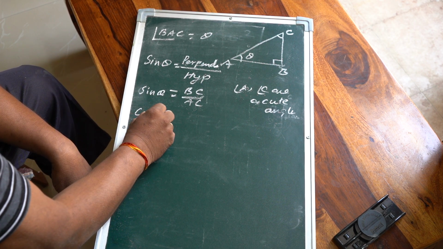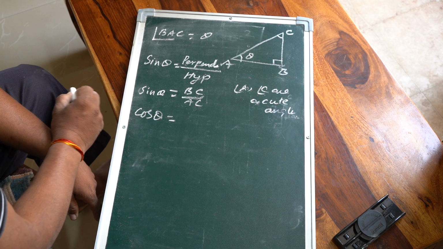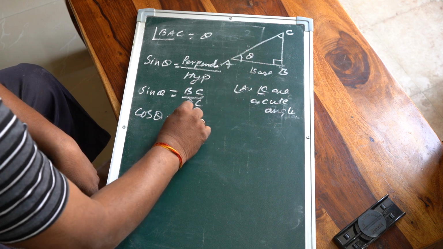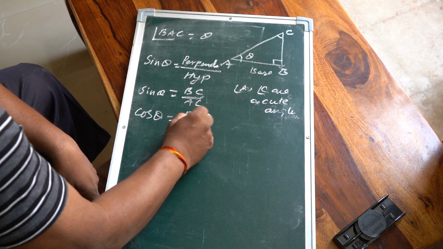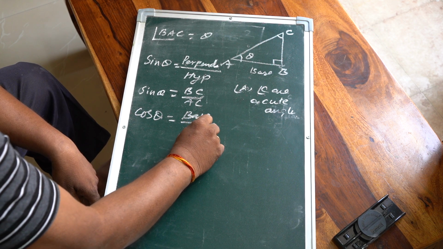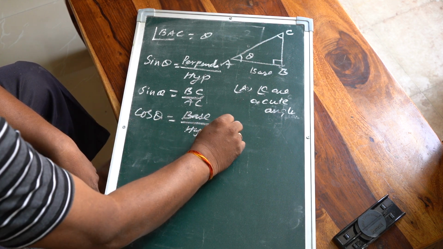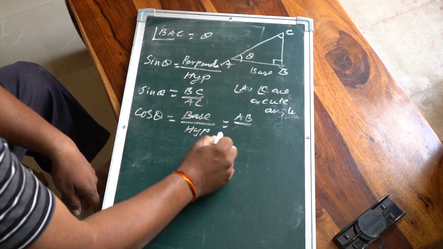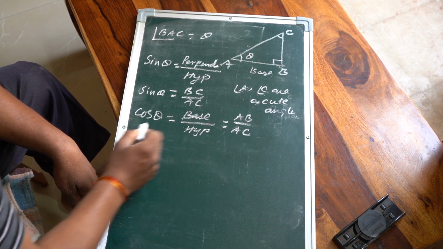What is the cos theta value? Cos theta equals base by hypotenuse. The base is AB and the hypotenuse is AC.